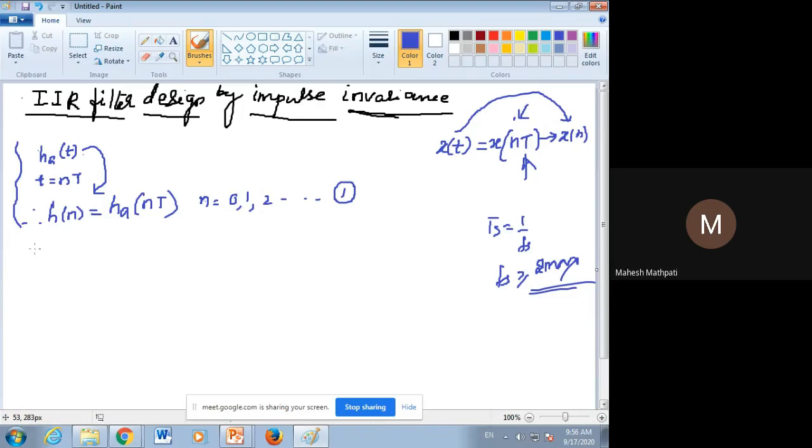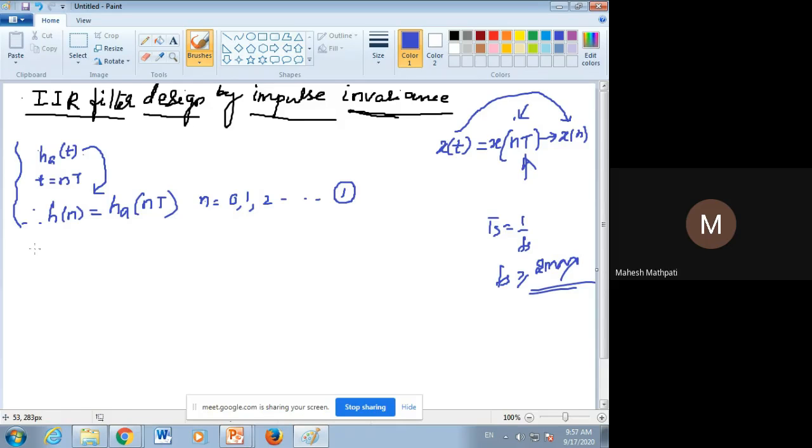What is the other name for system function? Have you heard the word system function?